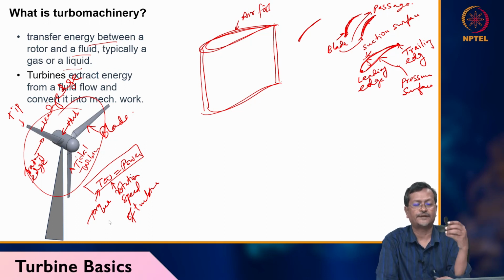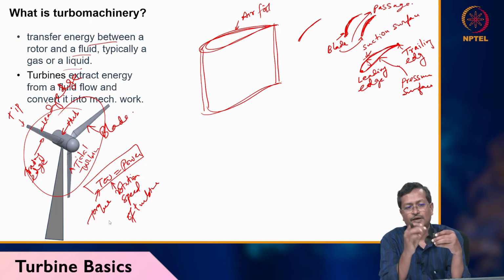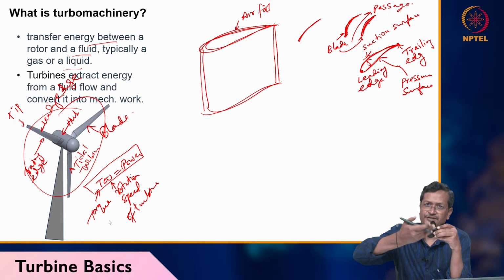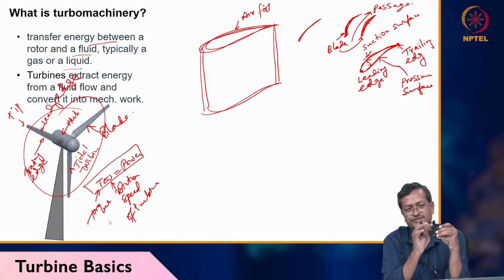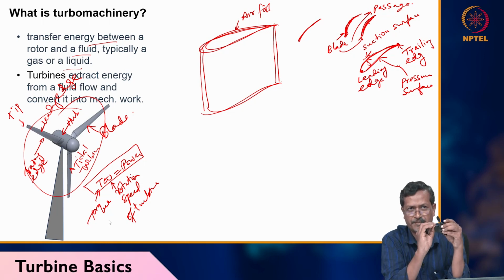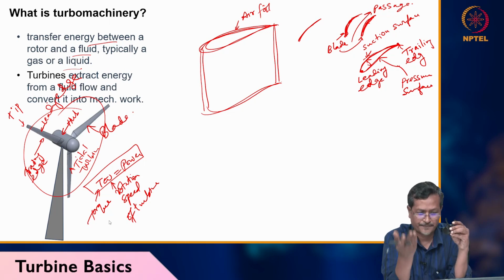So in a turbine blade I have the blade tip, leading edge, trailing edge, suction surface, and pressure surface. These basic things you have to remember whenever you are analyzing a turbine.